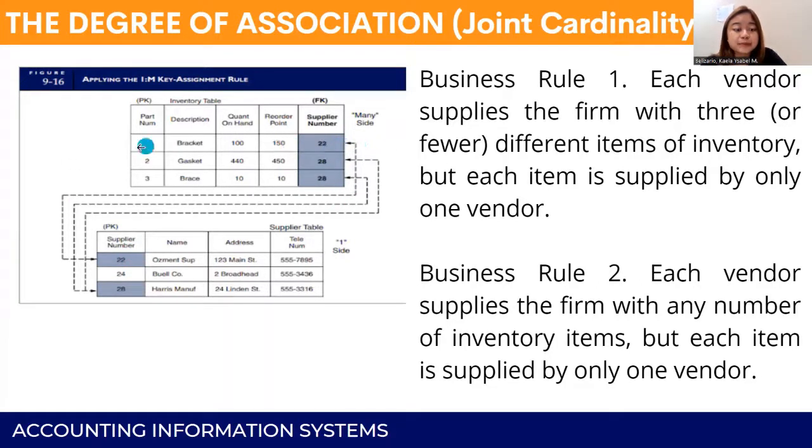Nagsusupply din siya kay part number 1, which is part of the company. So sa business rule number 1, this is considered unrealistic, but technically possible as this business rule describes this as an upper bounded 1:M association. So while in business rule number 2 naman, this is a true 1:M association in which the upper limit of the many side of the association is unbounded.